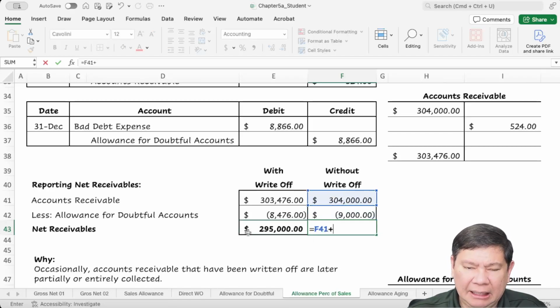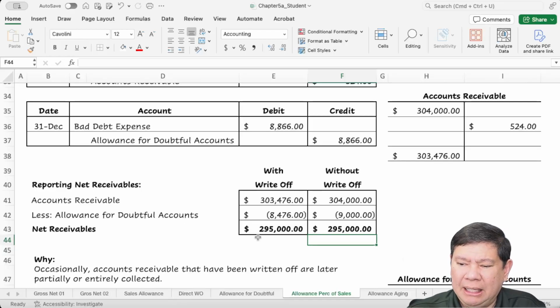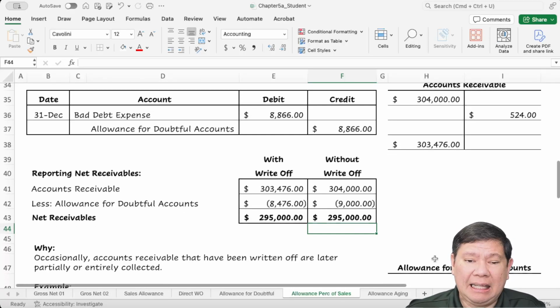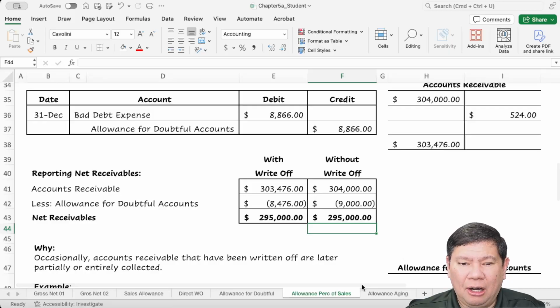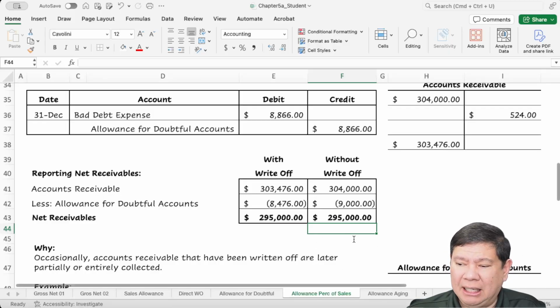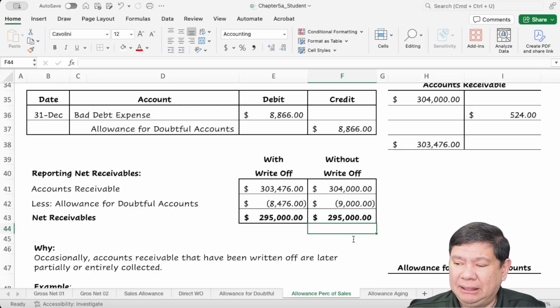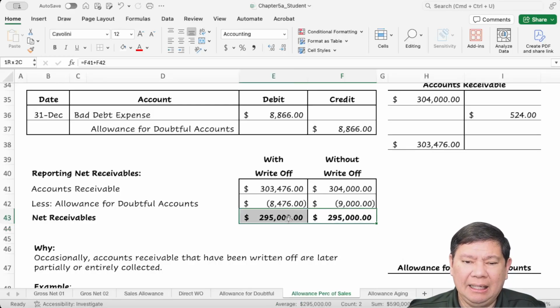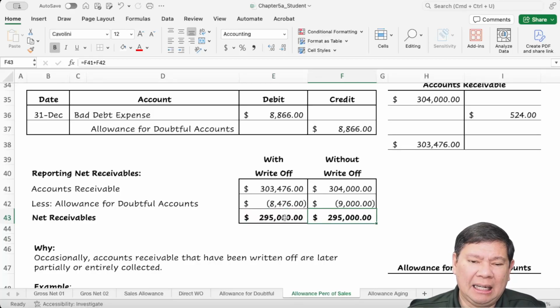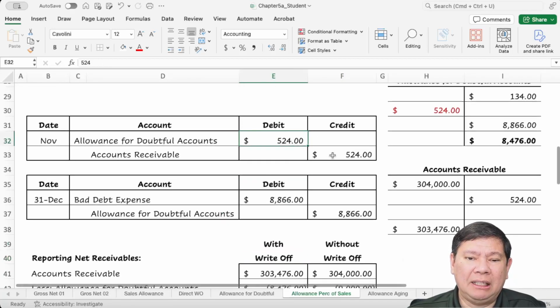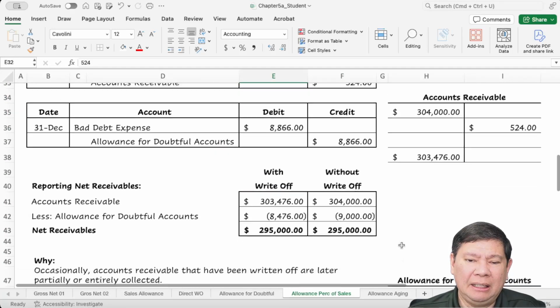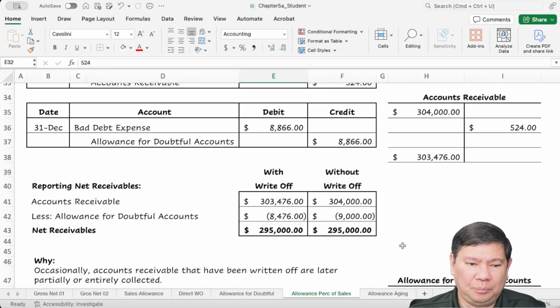So then the net receivables will be the same. So you see that under the allowance method, the write-off of a specific customer's receivables does not affect the net realizable value of our receivables. Okay, so you see that the two net receivables here are the same, whether the $524 write-off happened last year or not.